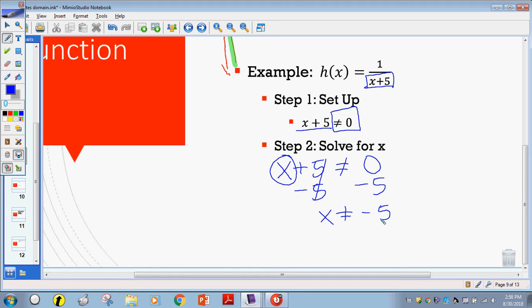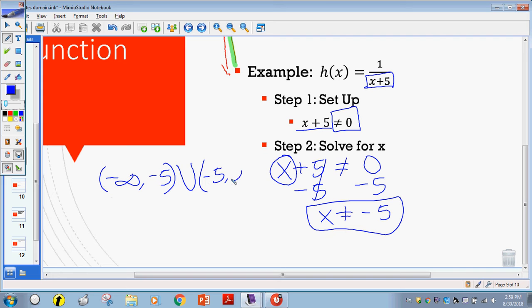No. So there's my inequality. And so now I have negative infinity to negative 5, union negative 5 to positive infinity. And that's my interval notation. Those are your two answers.